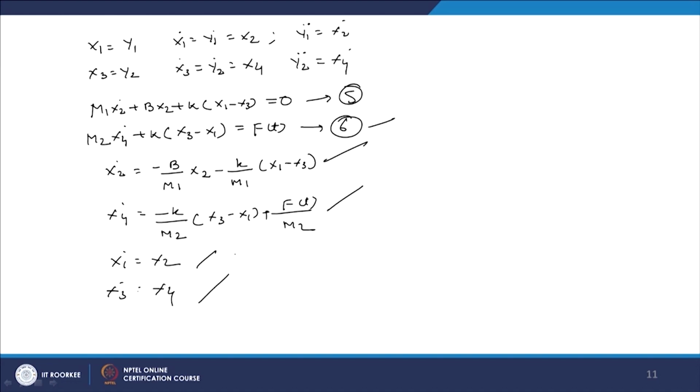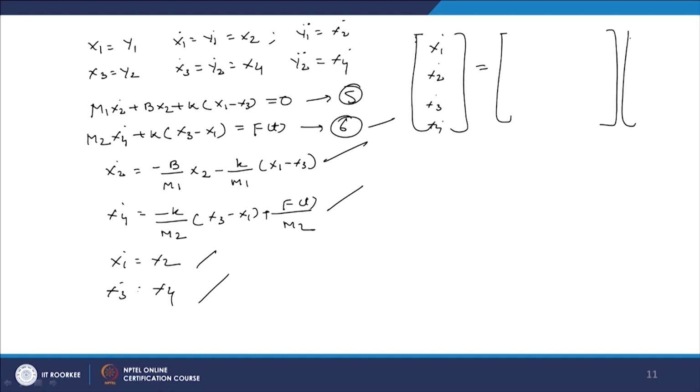Now we have to represent this in a state space form. So how will we write down the state space form? We write x1 dot, x2 dot, x3 dot and x4 dot equal to the elements of the A matrix times x1, x2, x3, x4, plus the elements of B times U, that is here the force f of t.